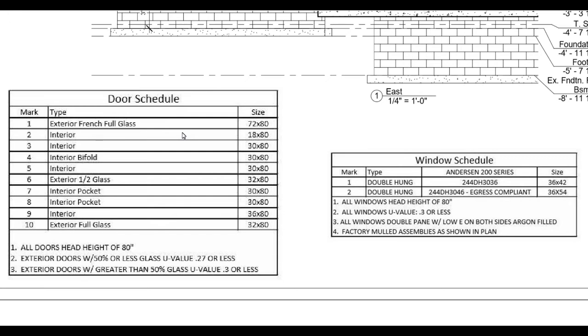The other part of this is whenever the contractor is going to go through and work with the owner and pick out actual doors, they're going to use the rough opening sizes for specific manufacturers, what their recommendations are for installation. So all they have to do is get a door that's close to 72 by 80 inches, or 6 feet by 80 inches, for this exterior French full glass door.